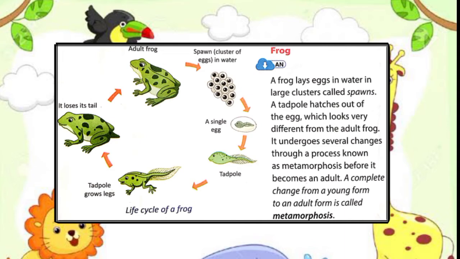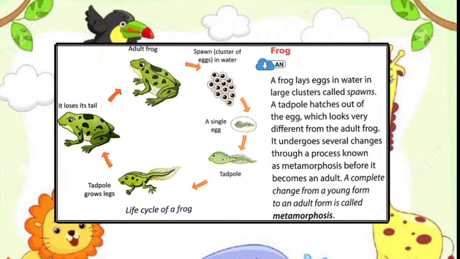A frog lays eggs in water in large clusters. Depending on the species of frog, the mother can lay a handful or as many as 20,000 eggs at a time. While the eggs are usually laid in or near water, a few in the rainforest lay their eggs in the tree, so the embryos will drop into the water as they hatch.